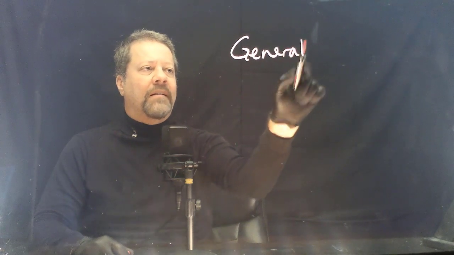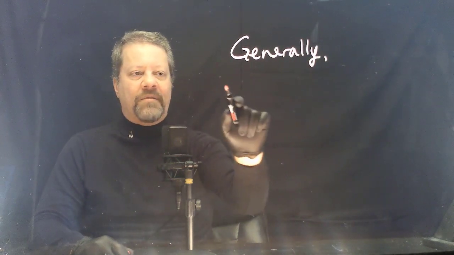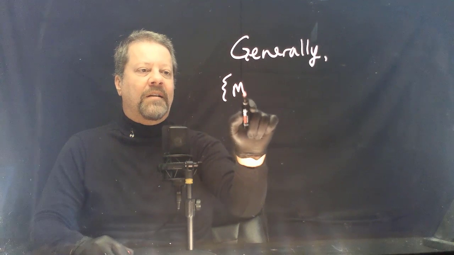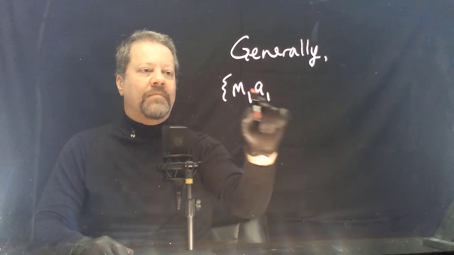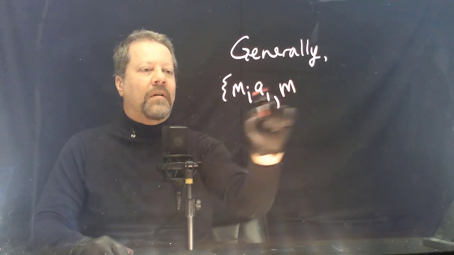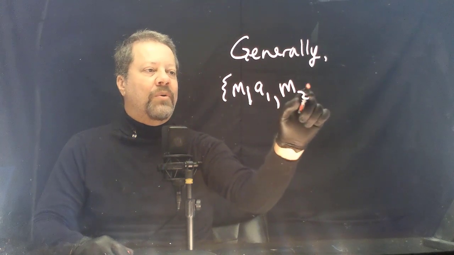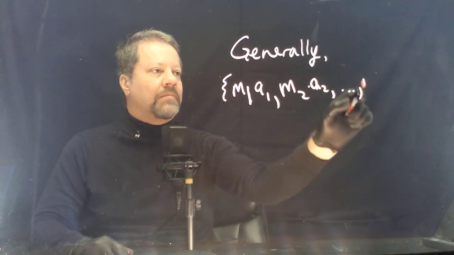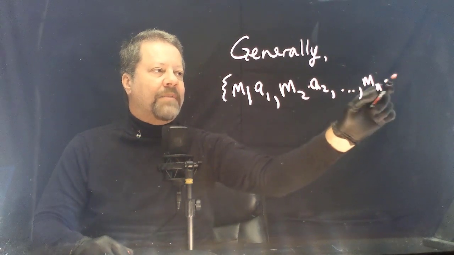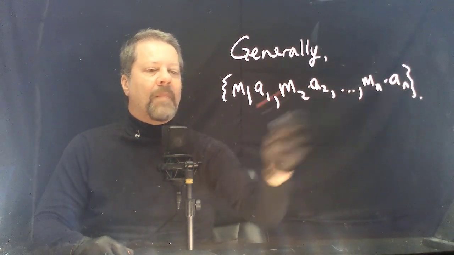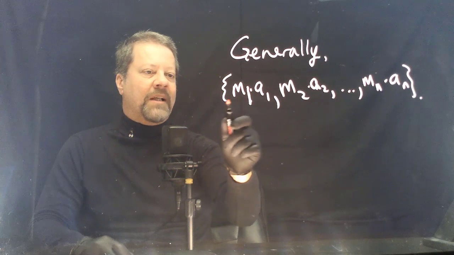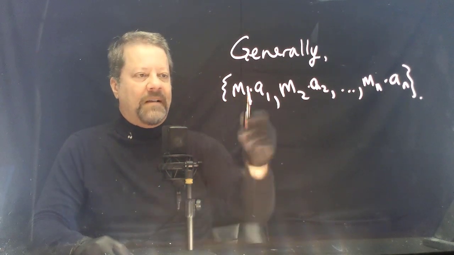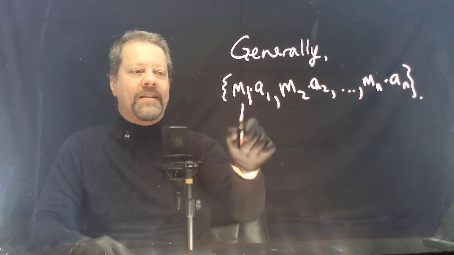Generally, multisets are expressed like this: M1 times A1, M2 times A2, up to Mn times A sub n. So we're telling you how many times A1 appears by putting in these numbers.